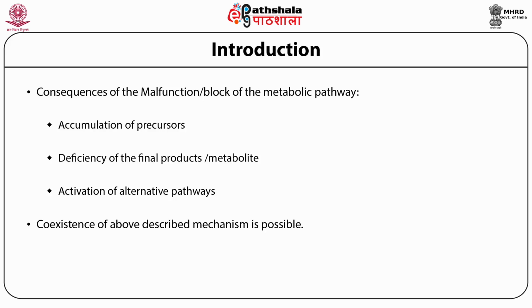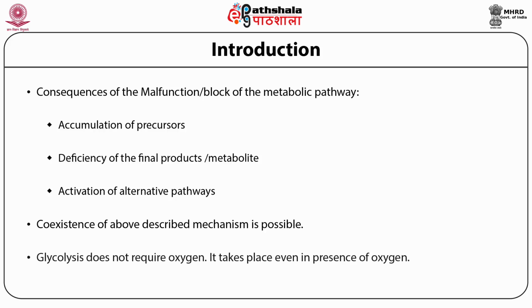Glycolysis consists of a series of biochemical reactions through which one molecule of glucose is metabolized to give 2 moles of pyruvate and 2 ATP as a net energy yield. Glycolysis is a process that takes place in the cytoplasm.